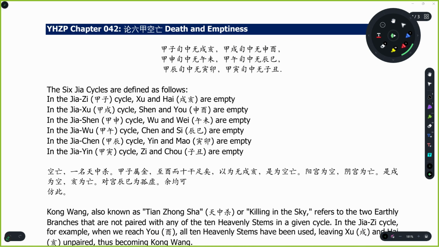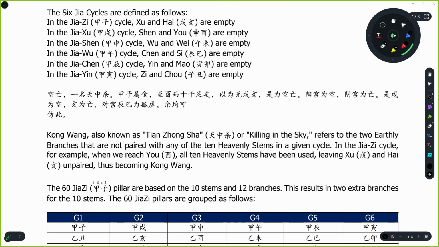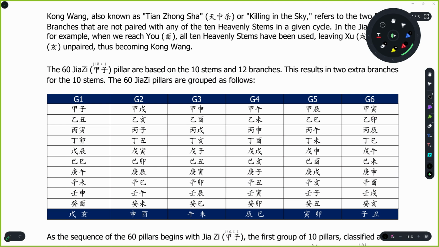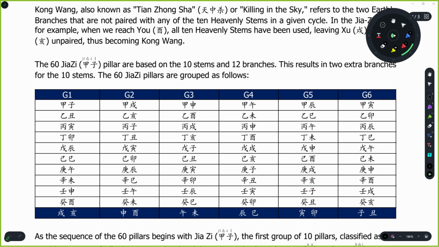death and emptiness. So in the death and emptiness, the way to read, of course, if you follow the poems, would be to consider that the 60 pillars are arranged and decomposed into 6 groups, known as G1 to G6.